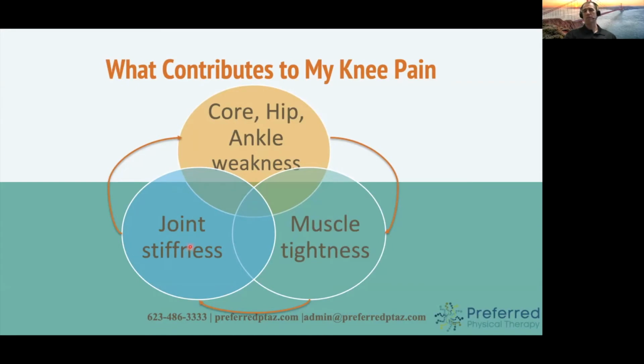So joint stiffness is hugely important to identify and take care of. When we get stiff across a joint, we end up getting more weakness above and below the joint. And of course, this is cyclical. So then we have this massively irritating cycle of that decline, that degradation of the joint that we need to disrupt or break up so that we can then change our outcome.